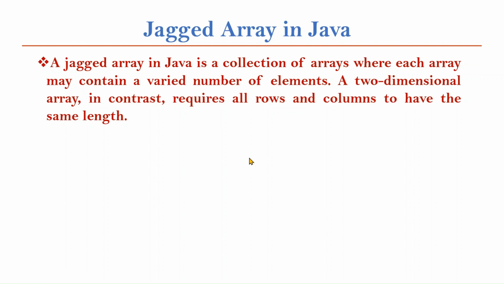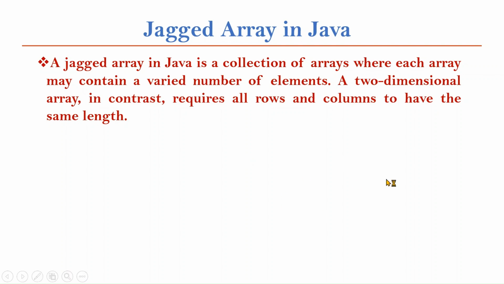Here, if you can see, every row I'm trying to create a different number of columns. First row I said 3, then 2, then 5, and again 3. So here we're trying to create columns which are not fixed. Every row has a different size of columns. So that is called a jagged array.